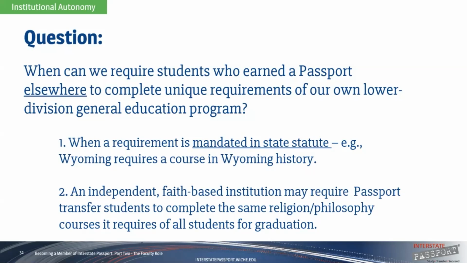So when students come to them from elsewhere with a passport, however, they have said that they recognize that the passport itself includes strong, robust diversity learning outcomes within the areas that it covers, and that they will not require students to take that additional requirement after they arrive.